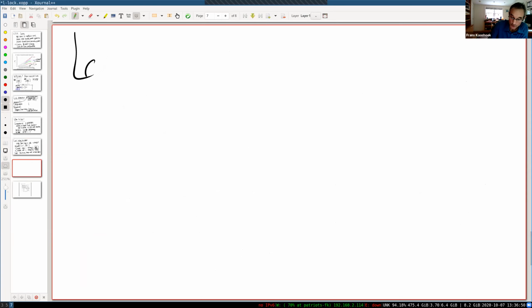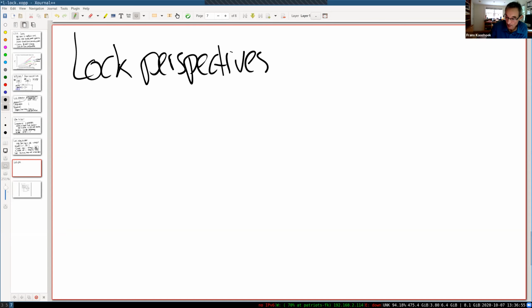So, lock perspectives. There are different ways to think about locks, and there are 3 common ones, and we'll go through all 3 of them. Maybe one of them is your favorite, and you can use that one as your way of thinking about it. But it's helpful to see that there are different ways of thinking about locks.